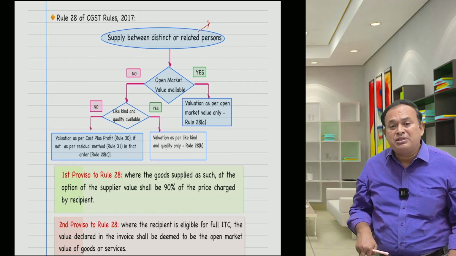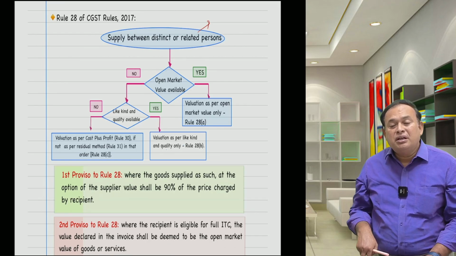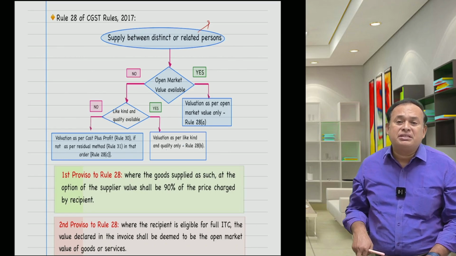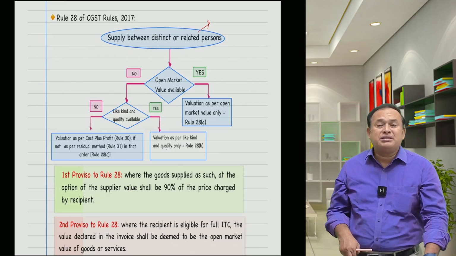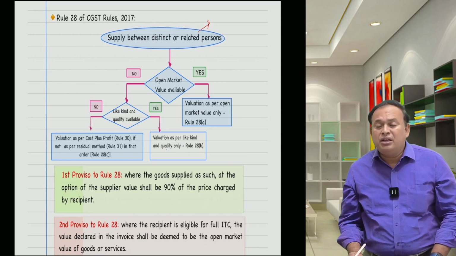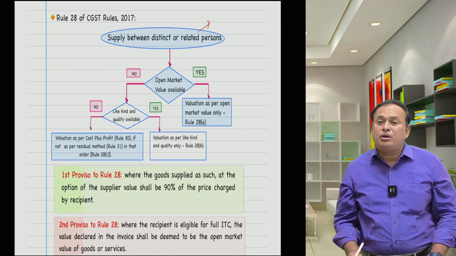Where we refer to these points, under Schedule 1, point number 2, supply of goods between related persons or distinct persons in the course or furtherance of business. There we refer, but it does not include a gift given by an employer to an employee in a financial year not exceeding a certain amount of rupees.